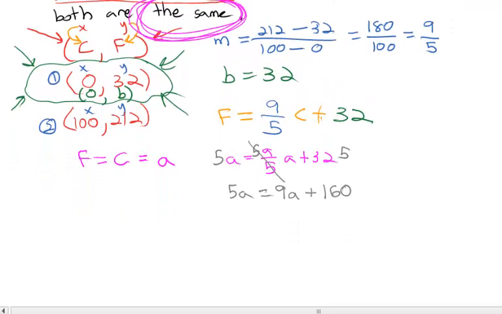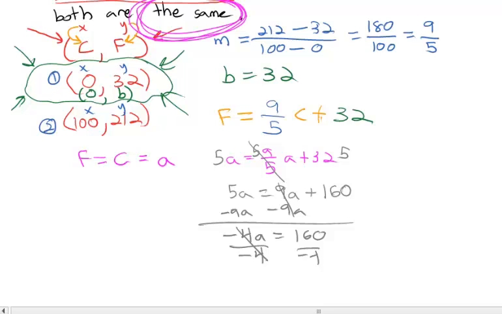We'll subtract the 9A from both sides, so we get negative 4A equals 160. And finally divide by negative 4. And we find out that both Celsius and Fahrenheit are the same when A is equal to negative 40 degrees.